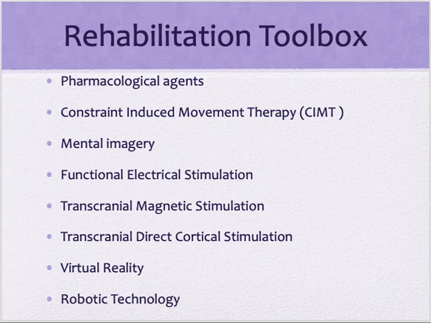Now, basically, there are a lot of traditional methods and a lot of new methods which are applied in stroke rehabilitation. And nowadays, of course, things are better than before. There are different ways by which they treat the patient.